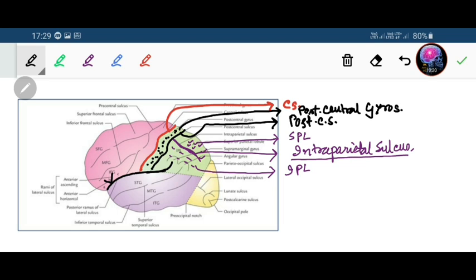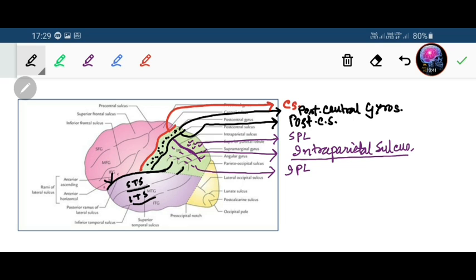Now, the posterior upturned end of the posterior ramus of lateral sulcus and also the posterior ends of superior and inferior temporal sulci. This is the superior temporal sulcus. This is the inferior temporal sulcus.